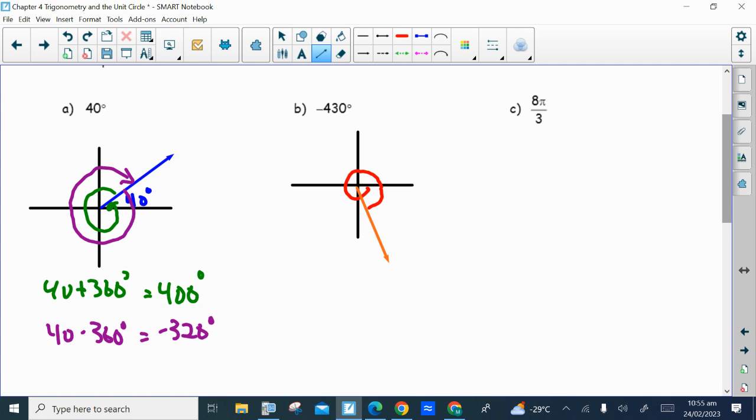So there's negative 430 degrees. One complete revolution in a clockwise direction plus a little more.